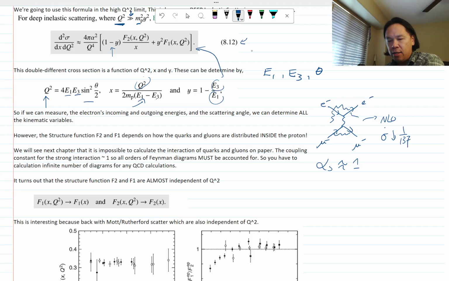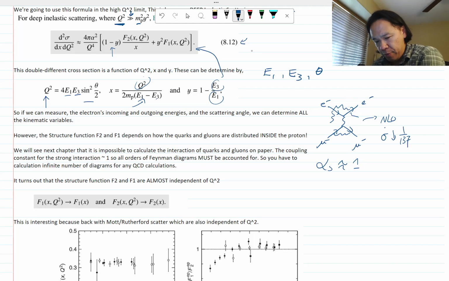For QED, it doesn't matter, because every time you add another vertex, the cross section for that particular diagram goes down by a factor of 100, and therefore you get pretty close to the answer with just the leading order.